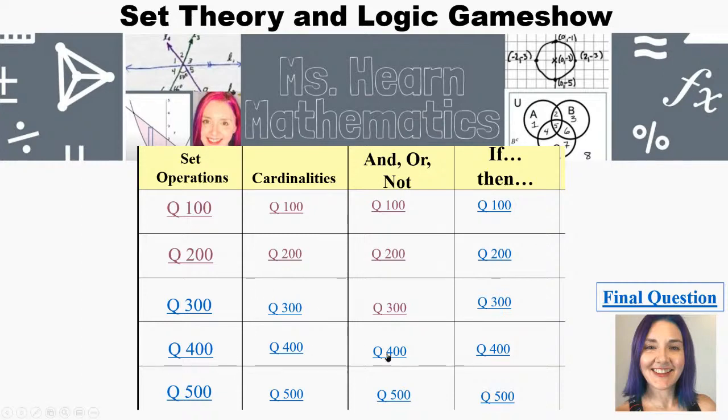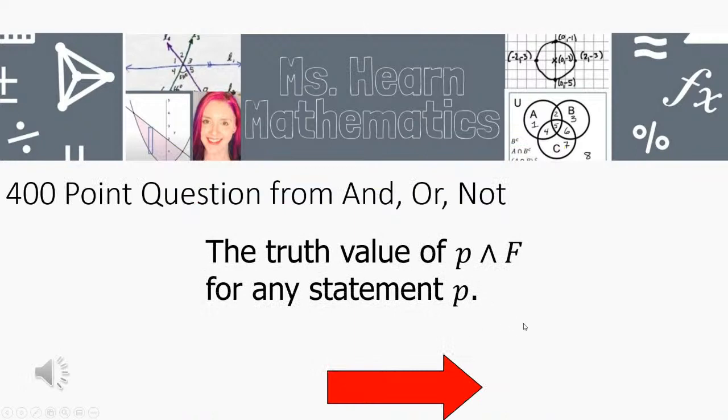Alrighty. What's the truth value of P and F, P and false, for any statement P? Truth value of P and false for any statement P. So only two possibilities here, true or false.